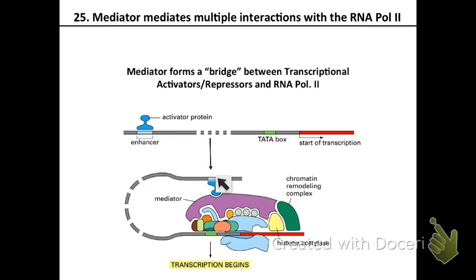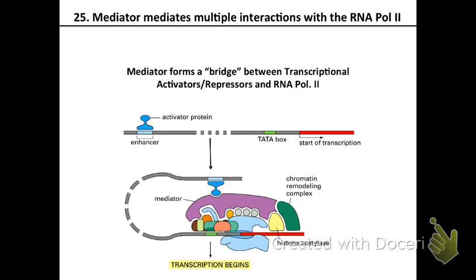So this mediator complex interacts with the transcription factors that are bound at the enhancer, and it also interacts with the RNA polymerase that is bound at the promoters, thereby mediating the activation of the gene between the enhancers and promoters, forming these loops, okay?